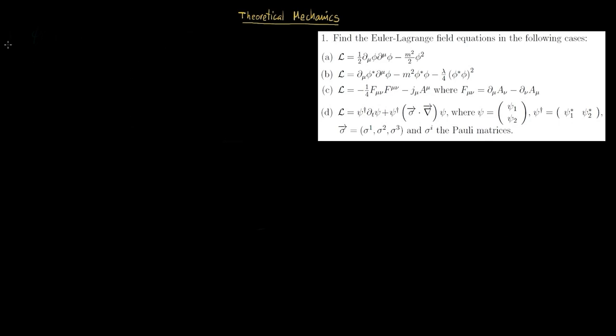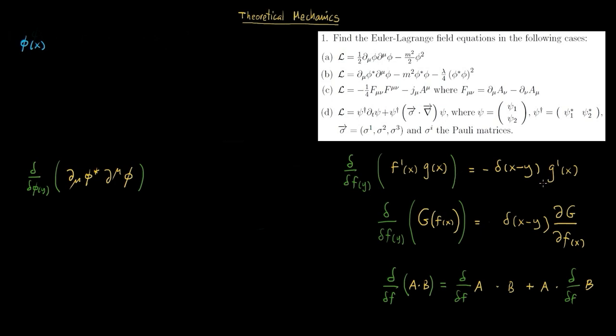So let's start with the field phi of x. Okay, so let's compute the functional derivative with respect to phi of y of partial mu phi star partial mu phi. So the property that we will use is this, but keep in mind that we are performing the derivative with respect to phi of y, not phi star.